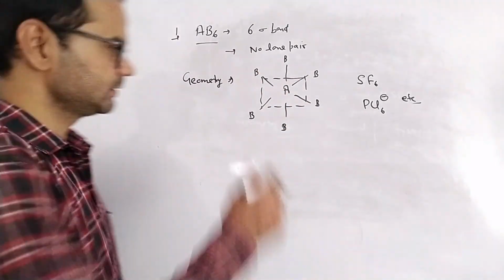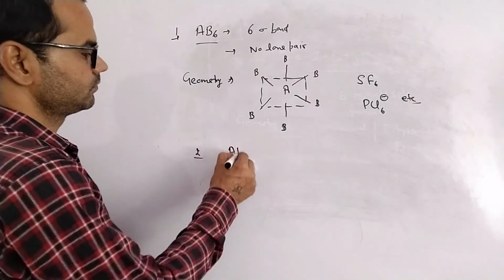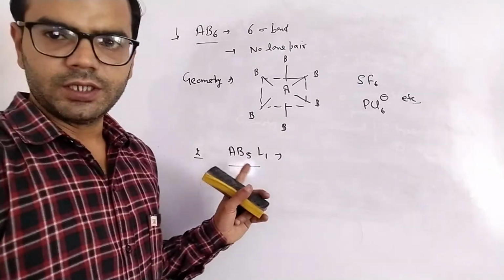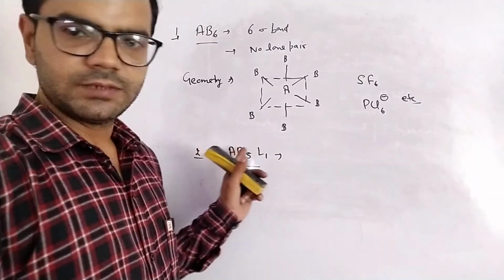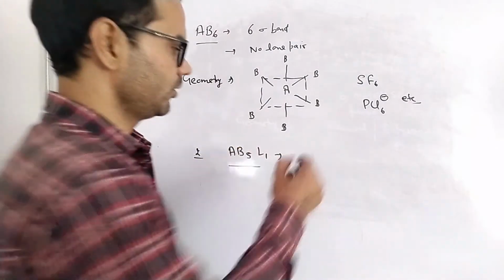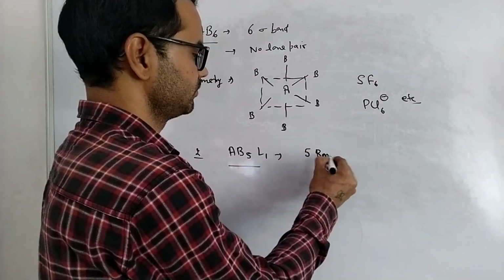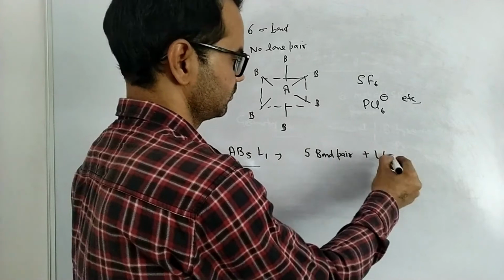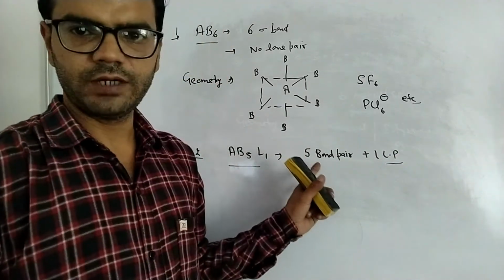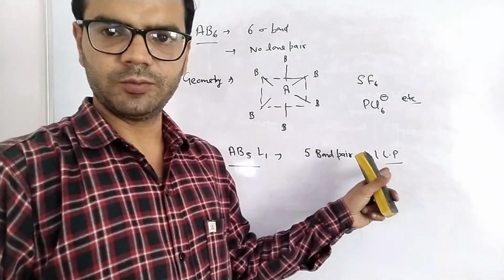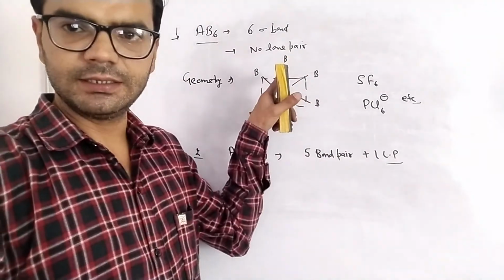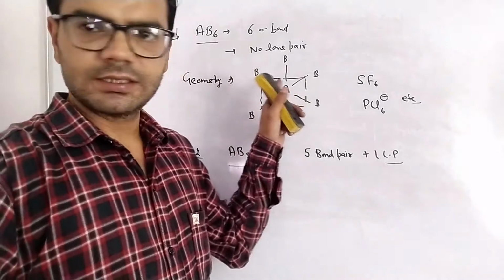Second possible case is AB5L1, 5 sigma bonds, 5 bond pairs and 1 lone pair. The lone pair will be arranged at a pyramidal position to minimize the repulsion.